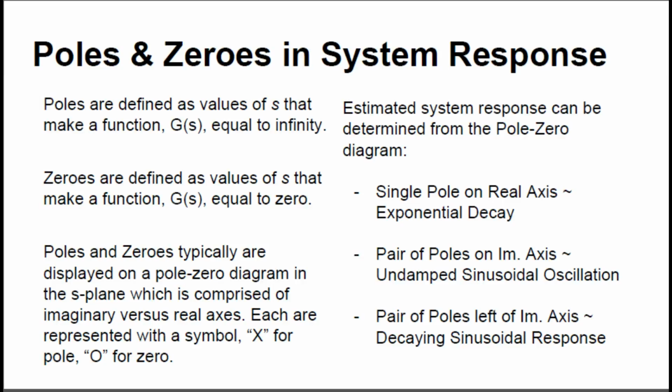Poles and zeros typically are displayed on a pole zero diagram in the S plane, which is comprised of imaginary versus real axes. Let's go to our whiteboard for just a moment, and I'll show you real quickly what that pole zero diagram might look like.